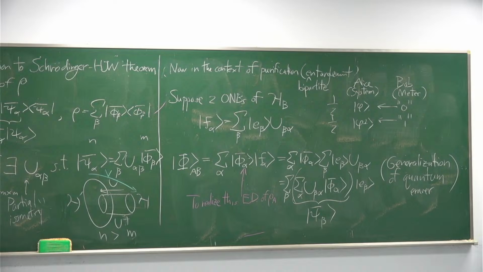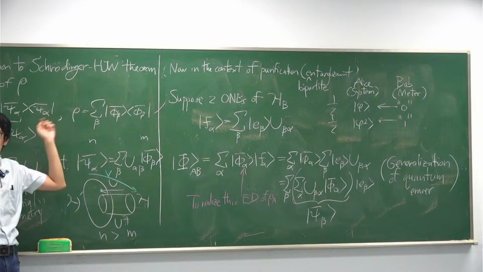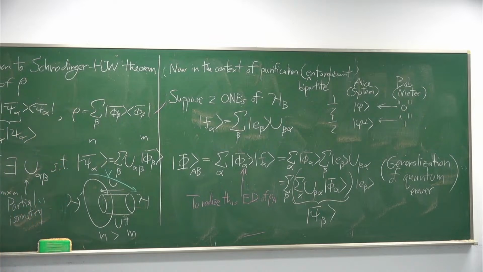But the columns or rows that are non-zero would still have to satisfy the unitarity condition, which is that the rows or columns have to be orthonormal. Is that okay? The only reason we need this is that the number of pure states in an ensemble decomposition is not restricted by anything. It can be any integer.